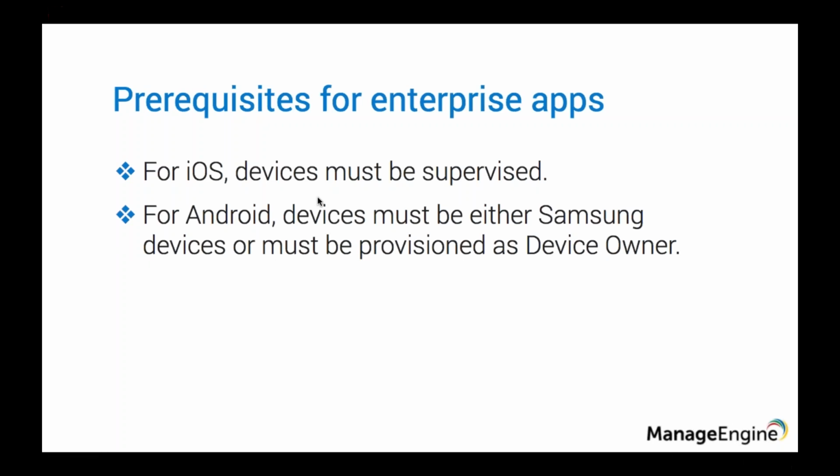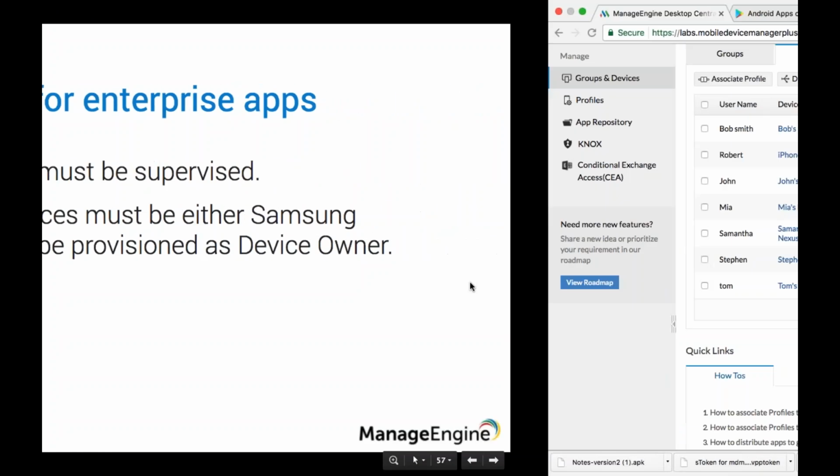Whereas in the case of Android, these devices must either be Samsung or they must be provisioned as device owner. Device owner is the Android equivalent of supervised devices. So if your devices are not provisioned as device owners, you will not be able to perform the silent installation and the user interaction will be required. So let me show you how this can be done.